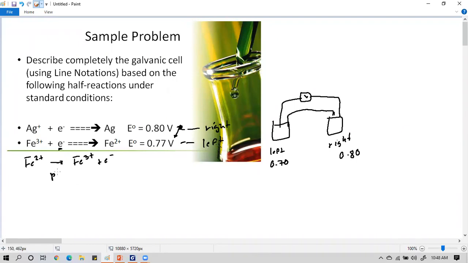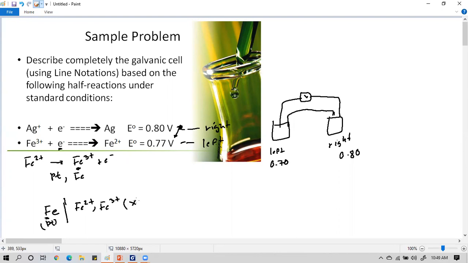Okay, pwede kang gumamit ng platinum because this is an inert, or pwede rin yung corresponding metal nung ating ions na nandito. So, ang mangyayari dito is Fe, the electrode, or pwede rin Pt, kasi inert yan. Pero, recommend Fe na lang para hindi na tayo malito. Sa classic one, Fe2 positive, comma, kasi naging Fe3 positive siya.